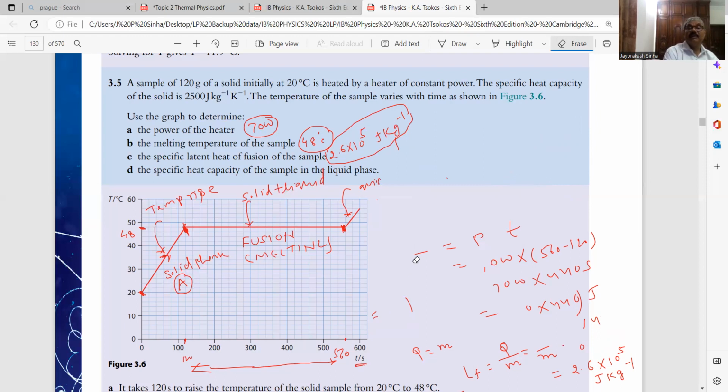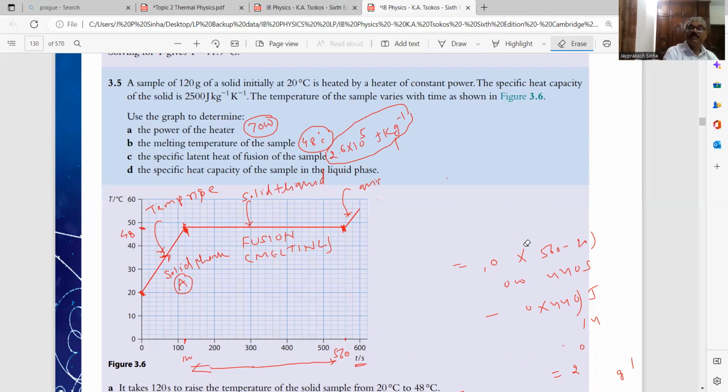So you don't know the specific heat capacity of the liquid that we have to find. So we can find with the help of this formula, Q is equal to MC delta T.